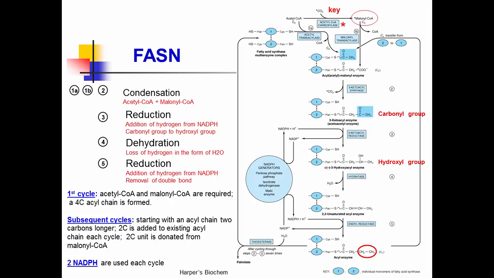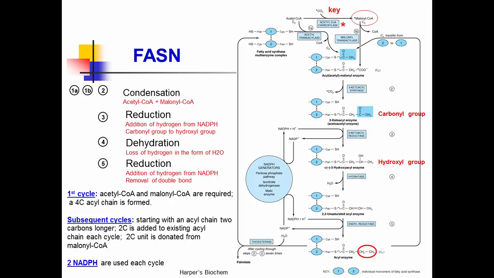First of all, the synthesis of fatty acids goes in cycles, meaning it is repeated. In each cycle you add only two carbons to the existing acyl molecule, right? The first step we already talked about is the formation of malonyl-CoA catalyzed by ACC, acetyl-CoA carboxylase.